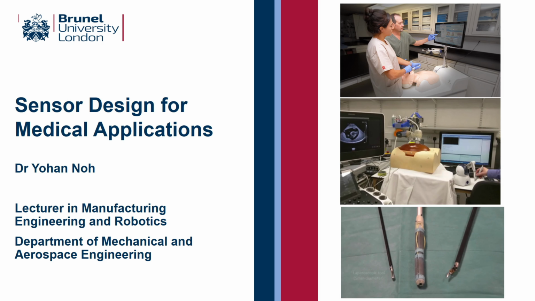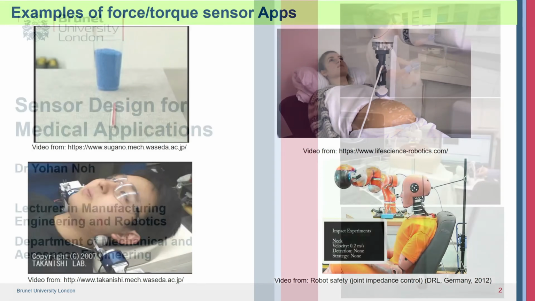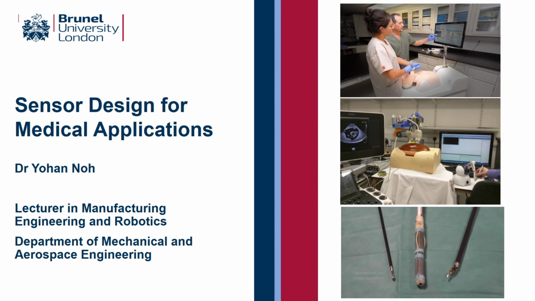Okay, so before I start my presentation, before I came to London, I worked on a medical training system. For example, we can't conduct experiments with actual patients or actual people, because there are ethical issues.